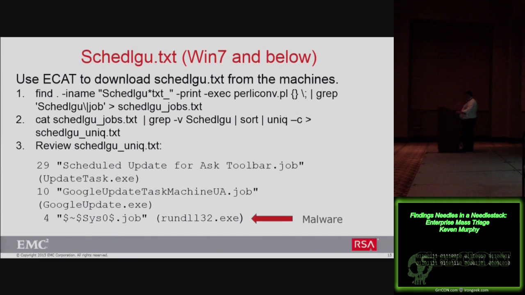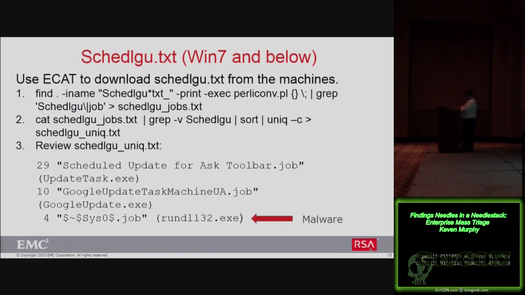From there, I'm going to process these jobs into more or less a list that I can start reducing down to do the frequency analysis. I'm using the find command, because I've downloaded all those schedule jobs, and I need to run it through this Perl script.